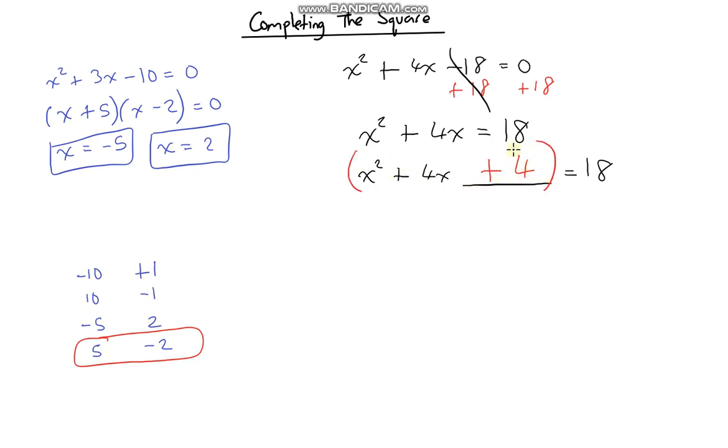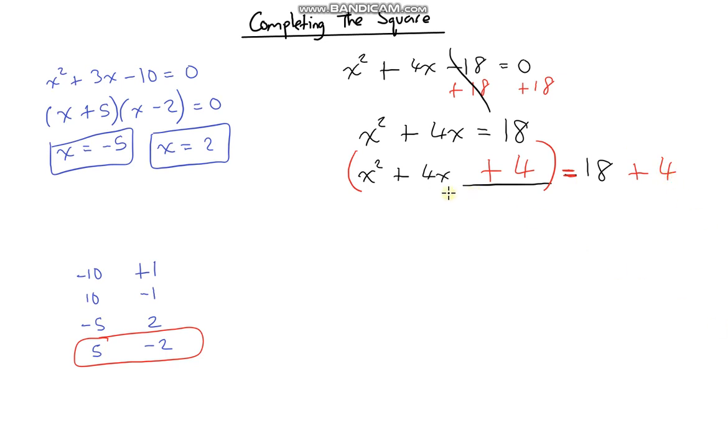But remember, whatever I do to the left hand side, because we've now got an equation, I have to do the same to the right hand side, so I need to add 4 to the right hand side. In the previous two videos, when we were just looking at expressions, if I added 4, I needed to subtract 4, but now we've got an equation, slightly different. Because we've got an equation, whatever I do to one side of the equation, I have to do the same to the other side. So if I add 4 to the left, I have to add 4 to the right.